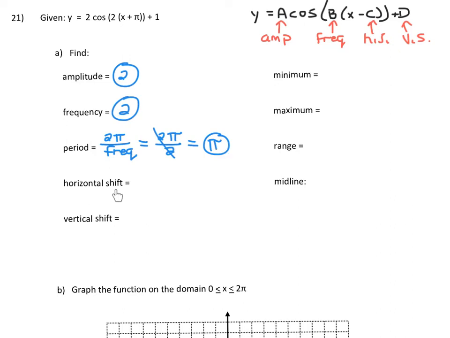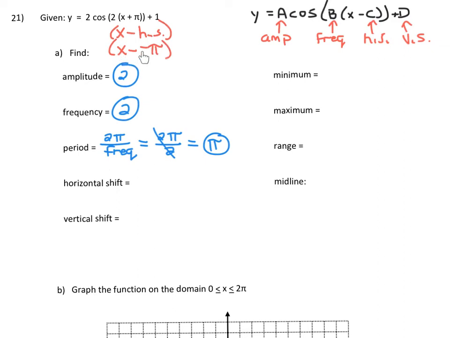Okay, now the horizontal shift. Now we know within the parentheses it's x minus the horizontal shift. Now this says x plus pi. So, let me just actually write this out. Since it's x minus the horizontal shift, isn't x minus negative pi the same thing, right?